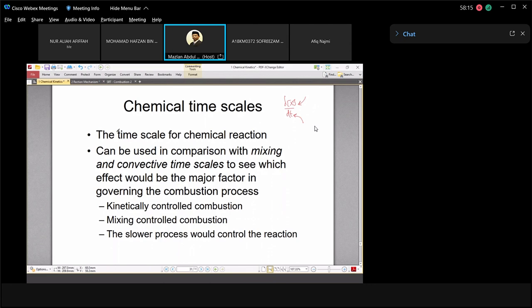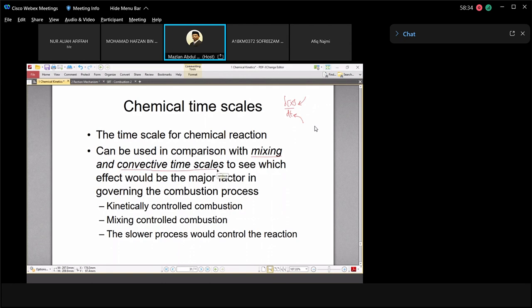The time scale can be used in comparison with mixing and convective time scale to see which effect would be the major factor in governing the combustion process. Sometimes mixing is important, sometimes convective time scale is important.